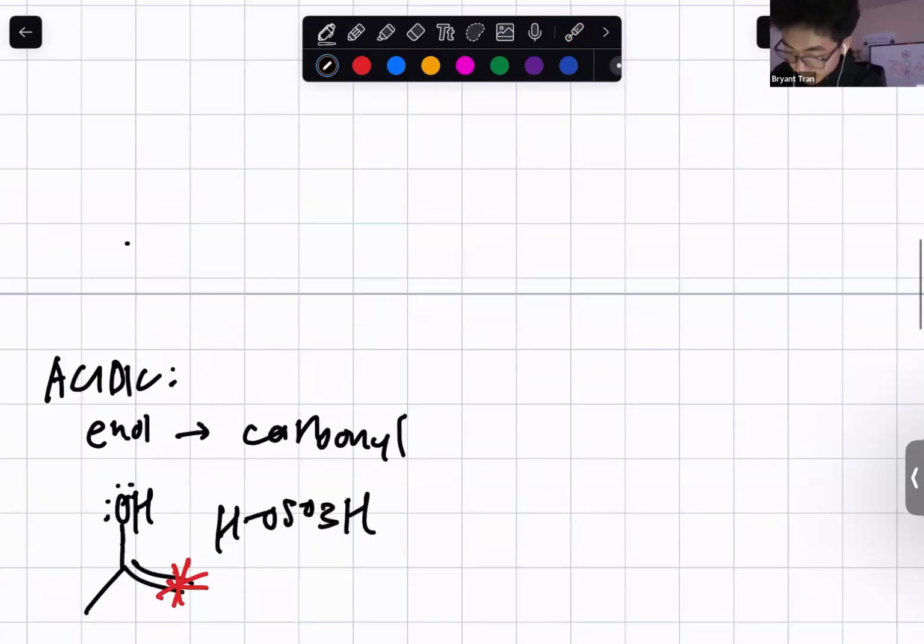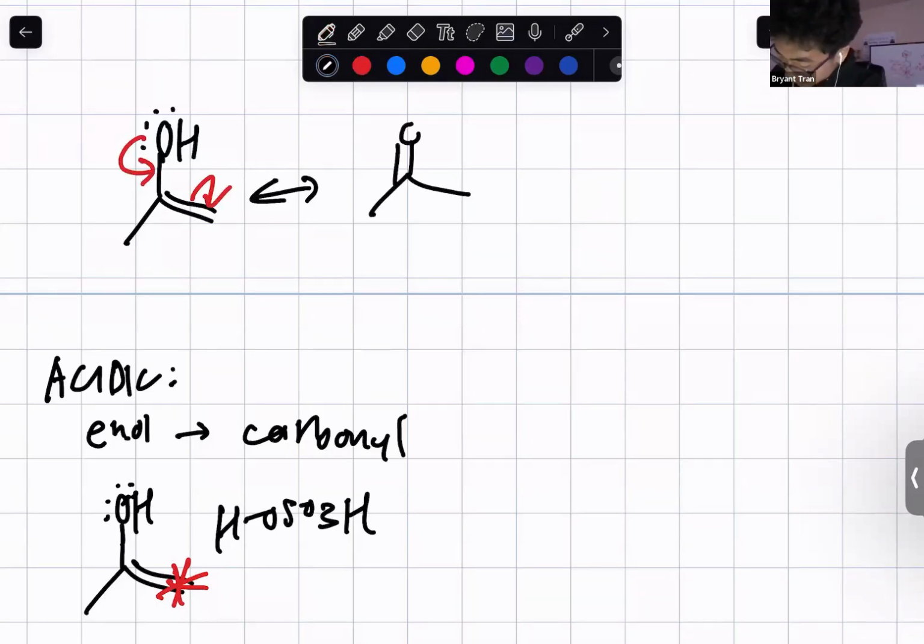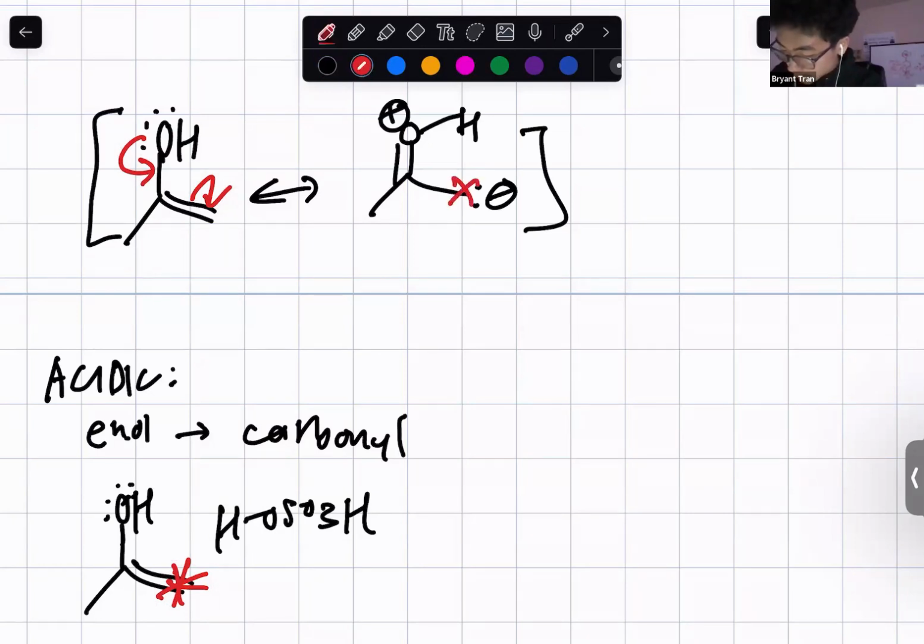The reason why is that if I draw out the resonance structure for you, like this, I am going to get this structure where there's a full negative charge on this alpha carbon, making it more reactive than this oxygen right here.